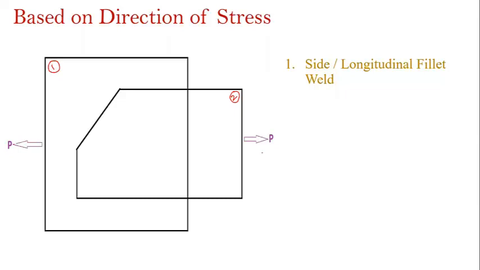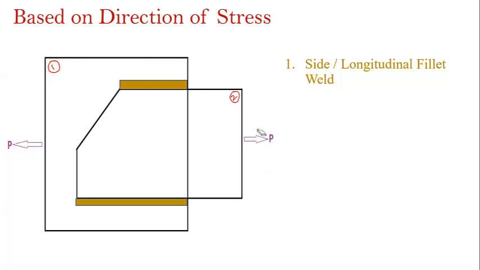Here you are applying the load along the x-axis, the horizontal direction. That is the direction of the load being applied. You can see here where the side or longitudinal fillet weld is provided.